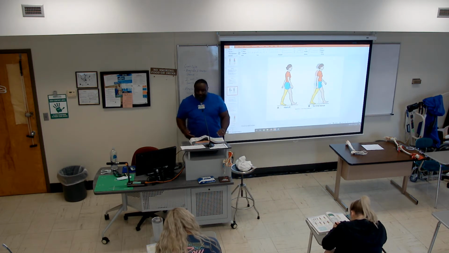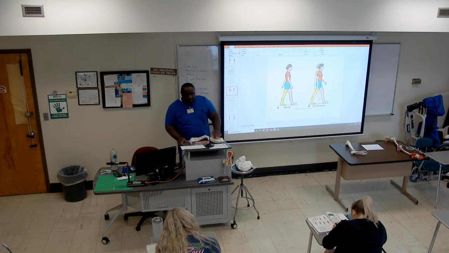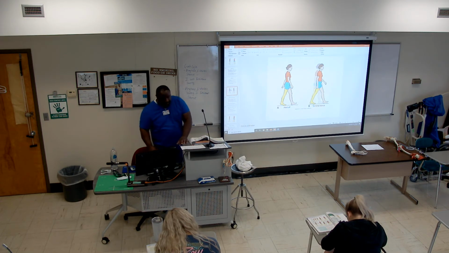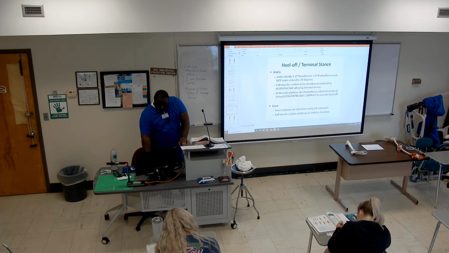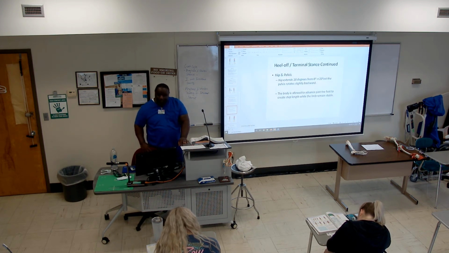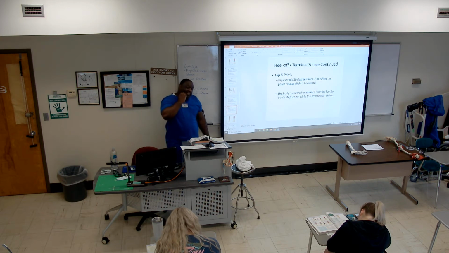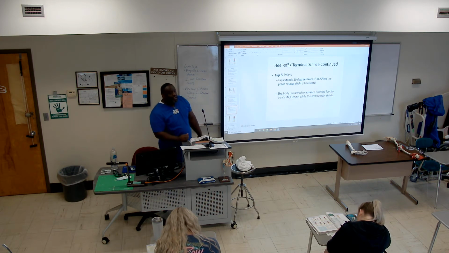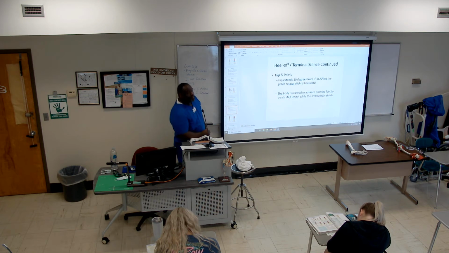Okay? So now it's moving into about 20 degrees of hip extension. And that would still just be from momentum, right? Still momentum. Yep. Still momentum is doing the work, mid stance, terminal stance. Yeah. Still momentum is doing the work.